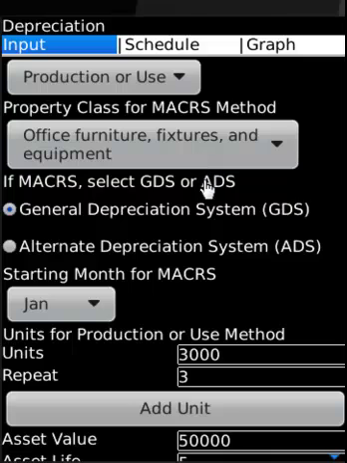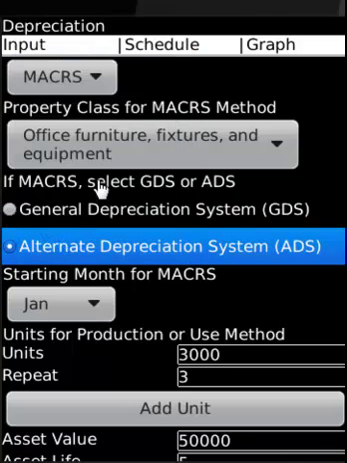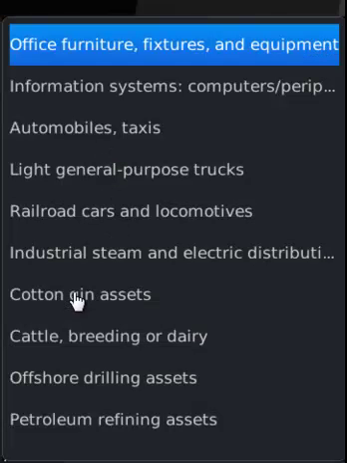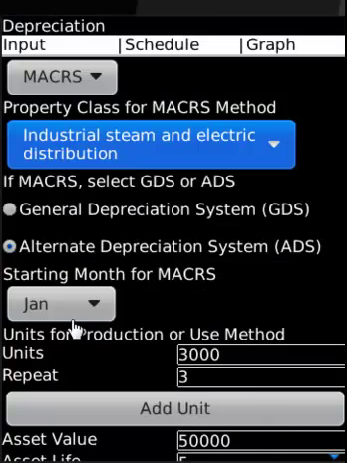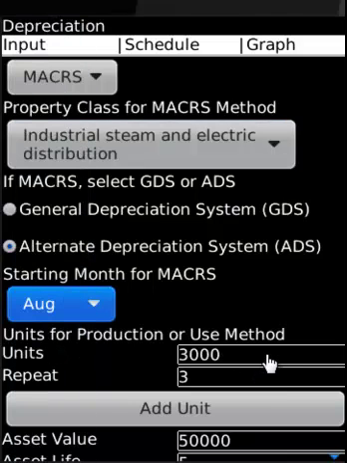So now let us consider the IRS method of depreciation, MACRS. Here there are multiple property classes. Let us pick an industrial steam engine, so we can select either a GDS or an ADS method. In this case we have selected ADS, so we can say starting month, say August.